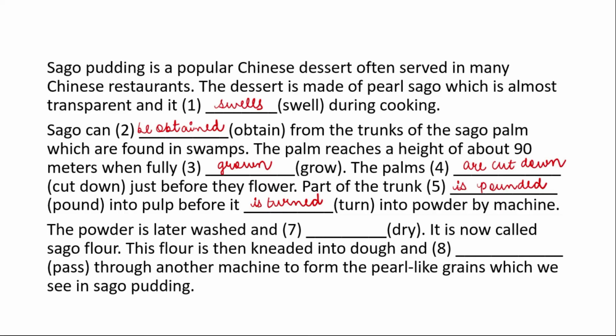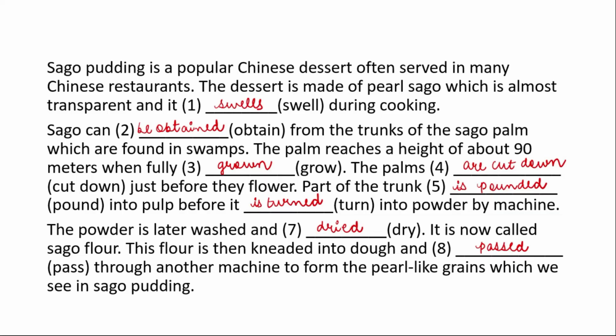The powder is later washed and dried and now called sago flour. The flour is then kneaded into dough and passed through another machine to form the pearl-like grains which we see in sago pudding.